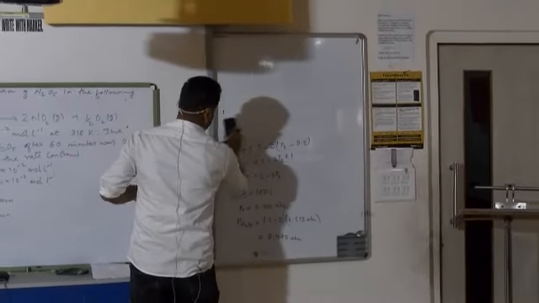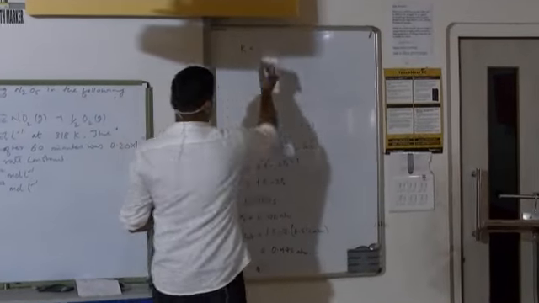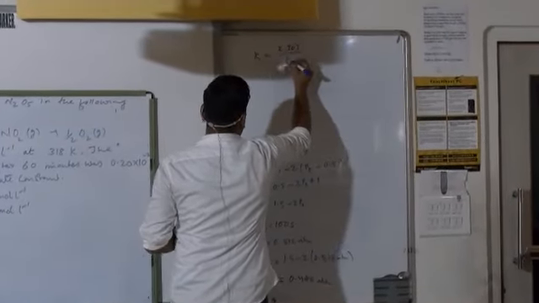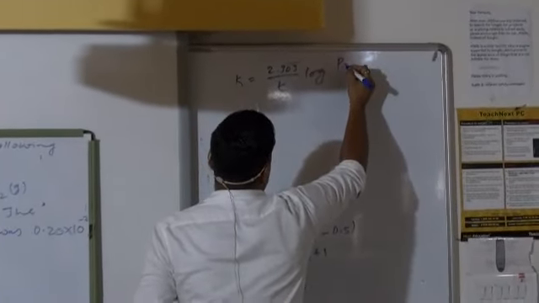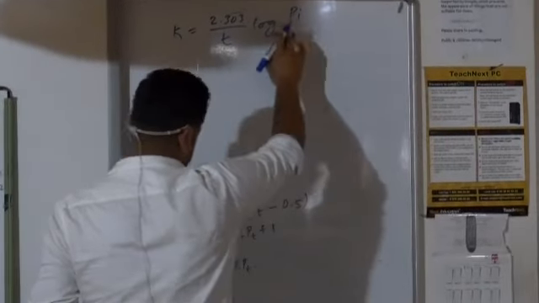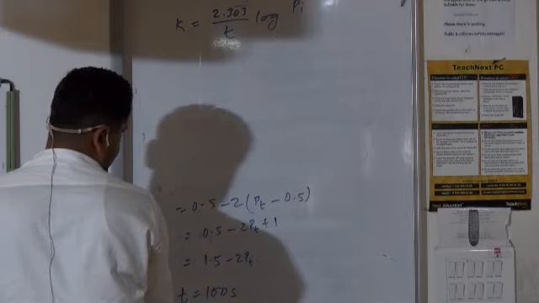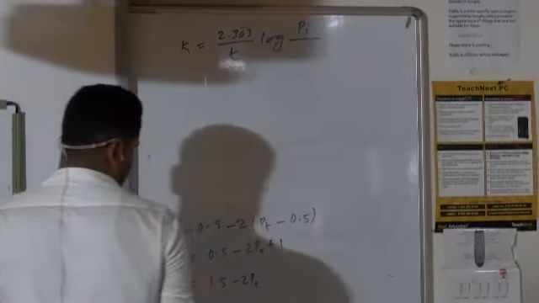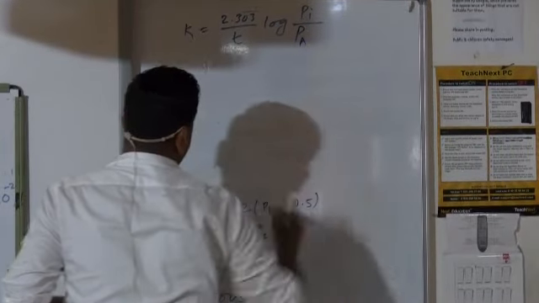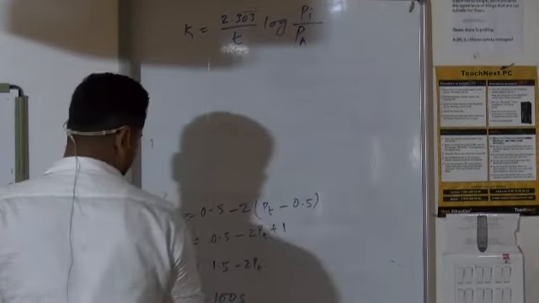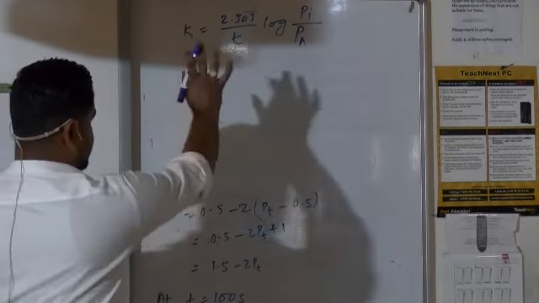Now we know the equation K is equal to 2.303 by t log of the initial partial pressure. Here in this expression we can write the initial partial pressure of N2O5, since this is the reactant, and the partial pressure of N2O5 at the given time. Okay, so this is the expression we are going to use.